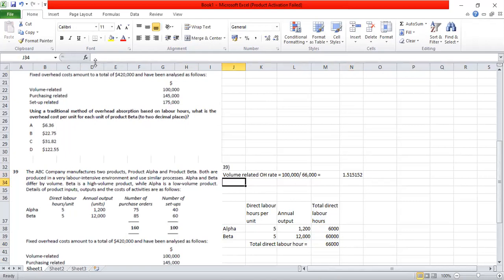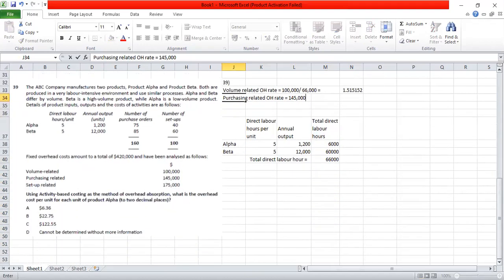Next one, purchasing related. Cost is 145,000 divided by purchase orders.